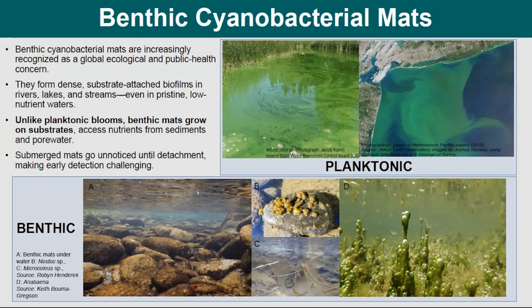They go up and down in the water column, the planktonic ones, because they have a buoyancy management system, air vacuoles in their cells, so they can control buoyancy and go up and down in the water column for nutrients.